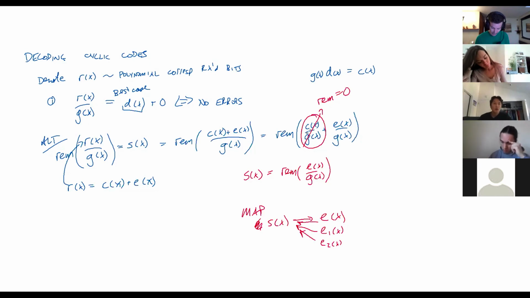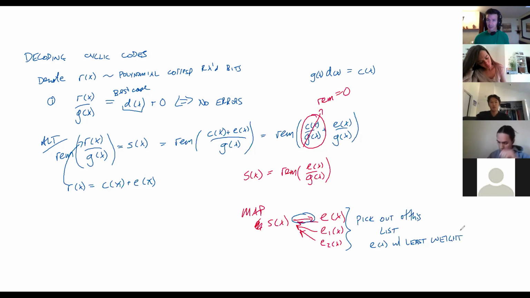But what you want to pick for this relationship is, out of this list, the e of x with least weight. Right, the e of x with the least number of ones, because that represents the most probable event. That is, that represents the least number of bit flips, assuming a binary symmetric channel.